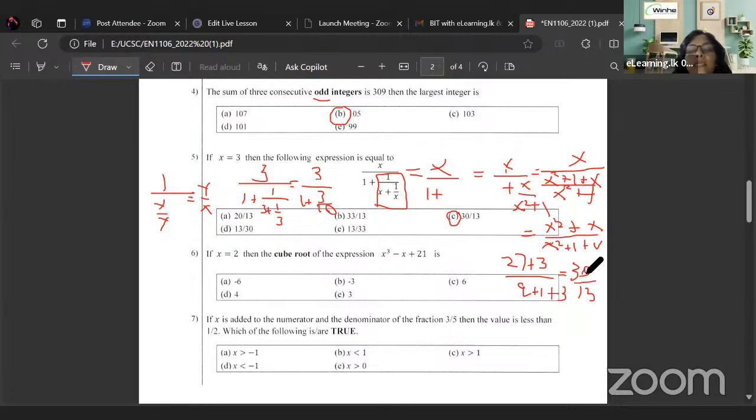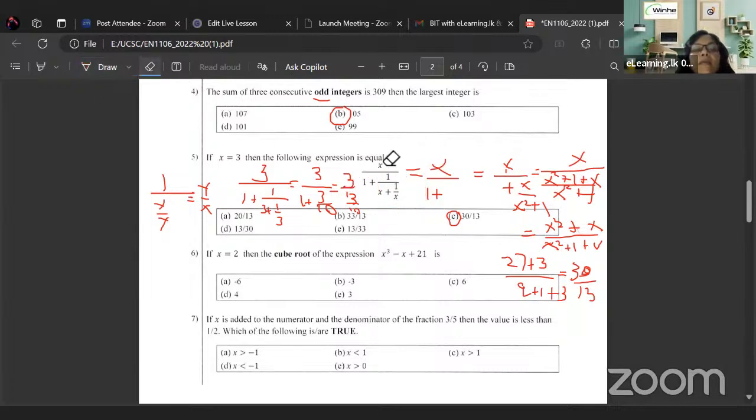If you took the least common multiple as 10, then this will become 13 divided by 10, and the upper part will become 3.